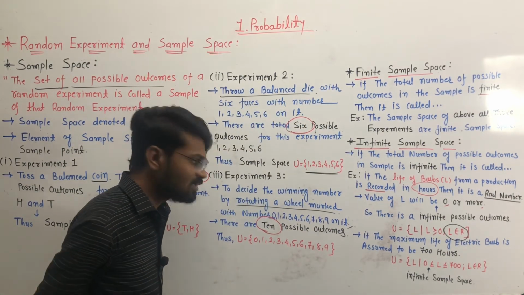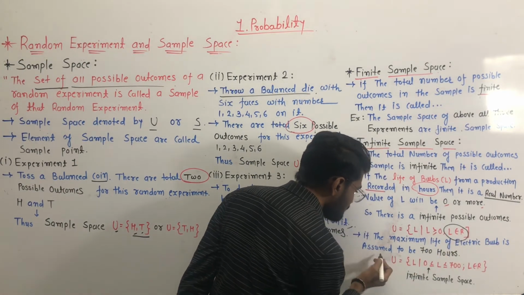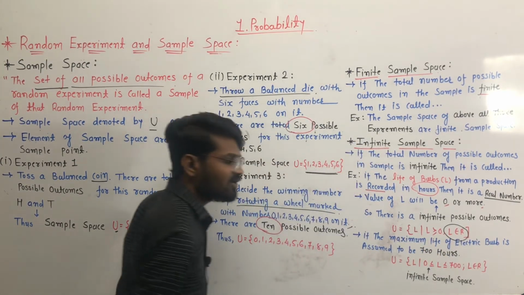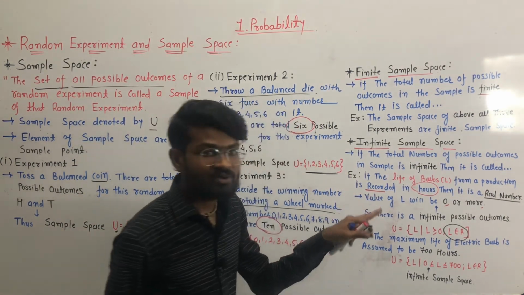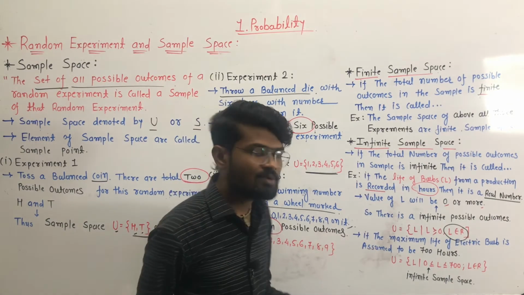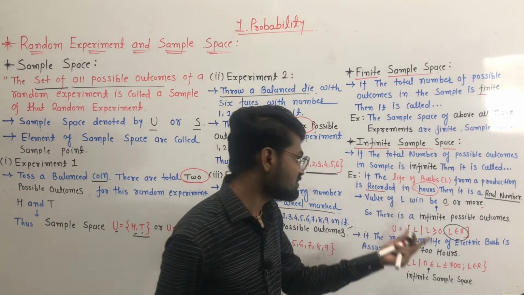Now suppose the maximum life of an electrical bulb is assumed to be 700 hours. At first we did not assume a maximum life of the bulb; we said it is infinite.